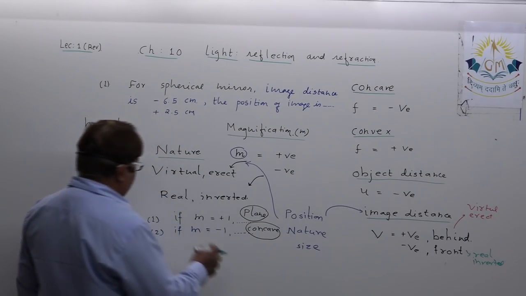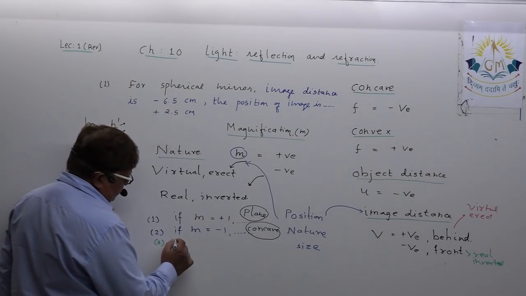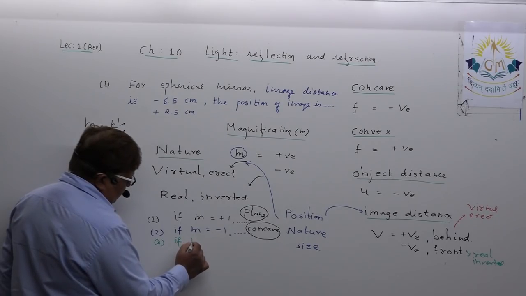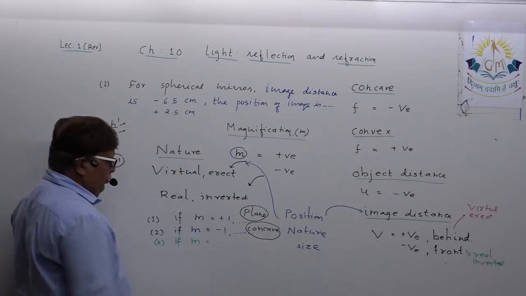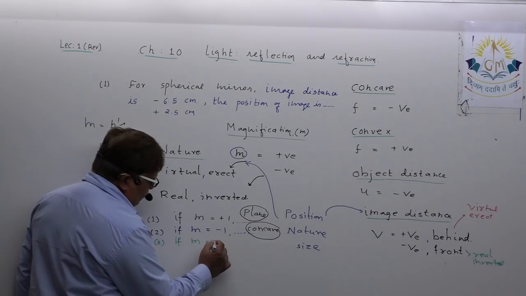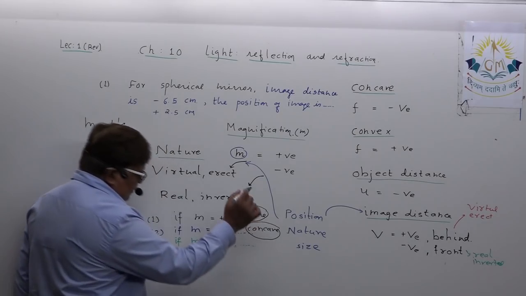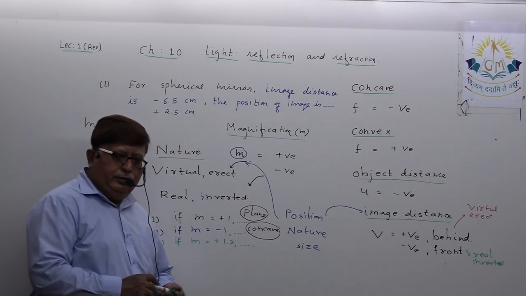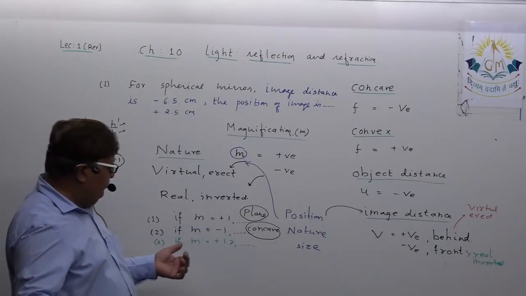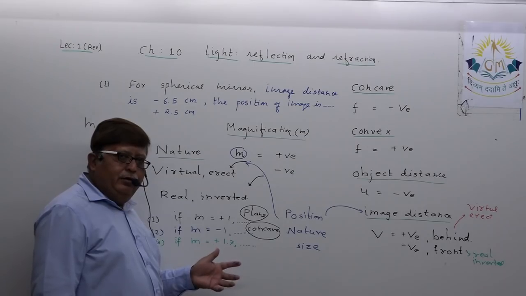Okay, third one, note down this. If m equal to plus 1.7, what is the type of the image and which mirror can do this?